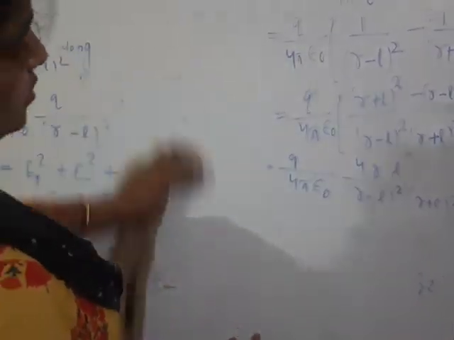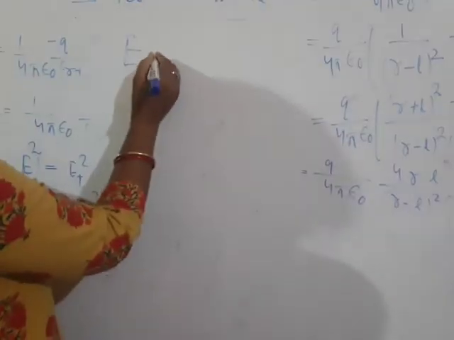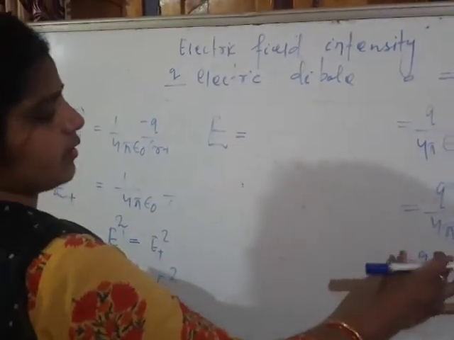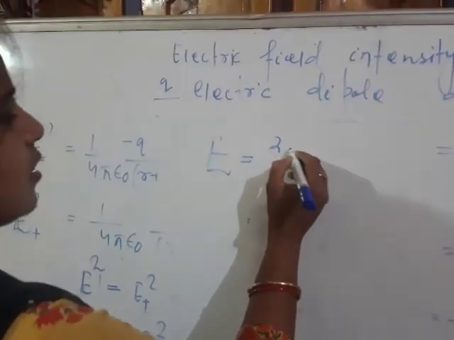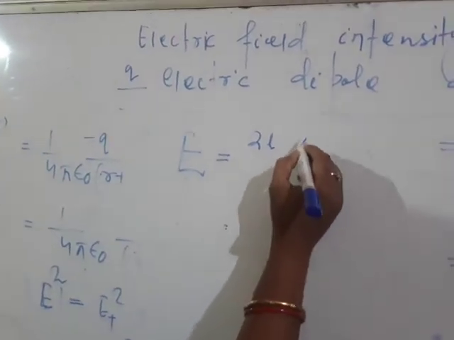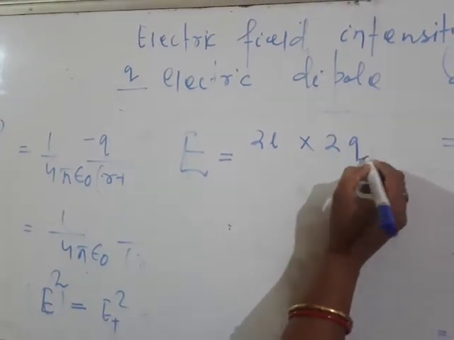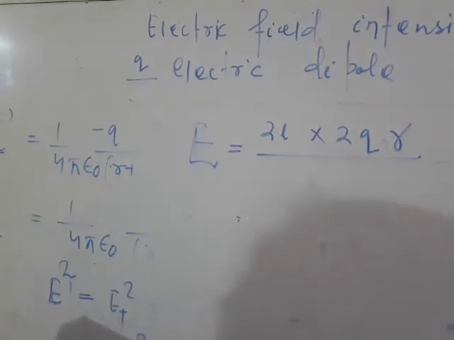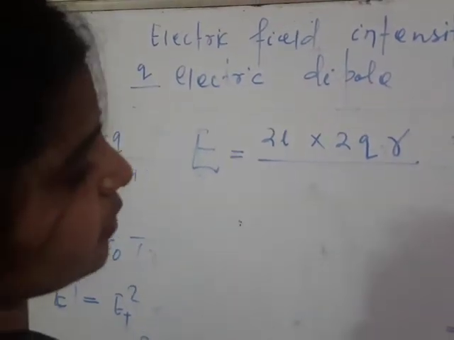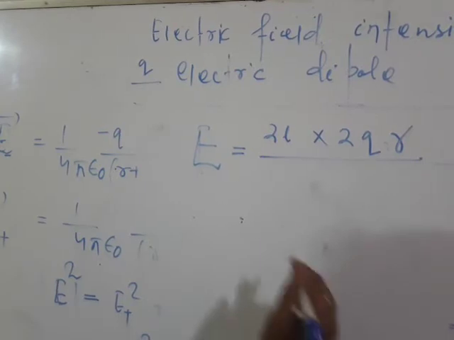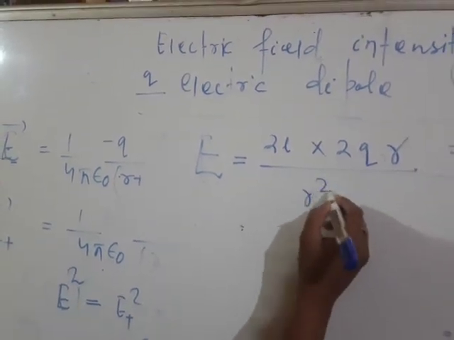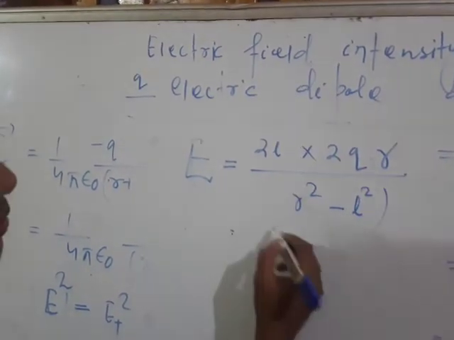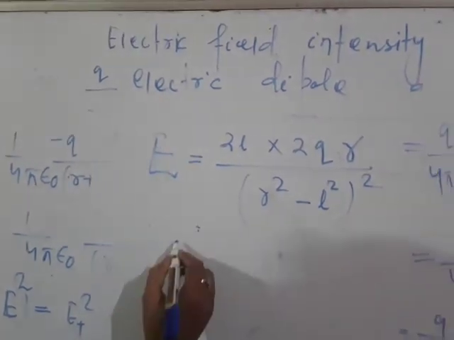So the magnitude E equals, I can write this one is just 2l into 2qr divided by, this is a minus b whole square, a plus b whole square, a minus b into a plus b, that means a square minus b square, r square minus l square whole square.